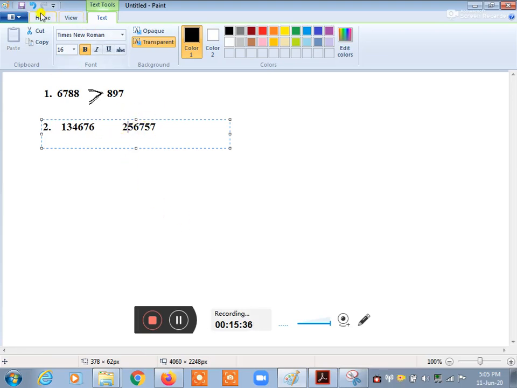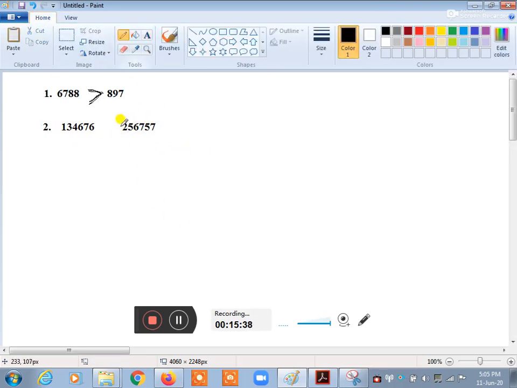So what sign do we have to put here? Less than sign. So 1 is less than 2. This number is less than this number. So this is the less than sign.